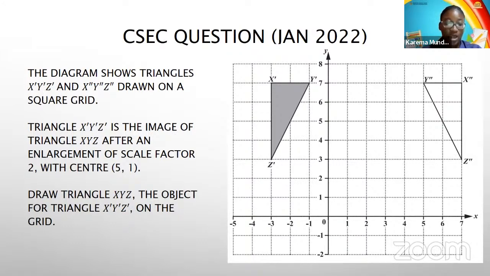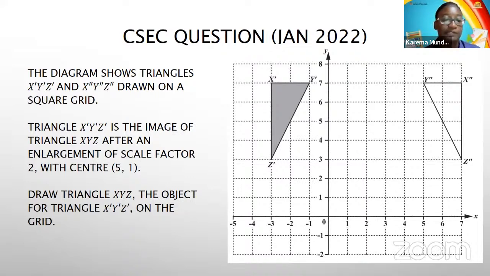Triangle X prime, Y prime, Z prime is the image of triangle XYZ after an enlargement of scale factor 2 with center 5, 1. So stick a pin right there. Notice triangle XYZ is not on the grid. So immediately I'm seeing we have a situation where we have the image, but we do not have the object.